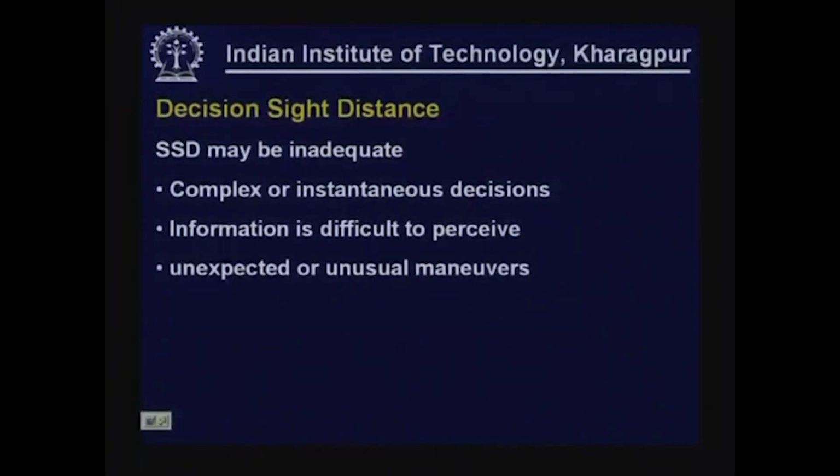Number 2, where information is difficult to perceive. Number 3, where again drivers have to make unexpected or unusual maneuvers. Under these conditions, the available stopping sight distance will not be adequate.